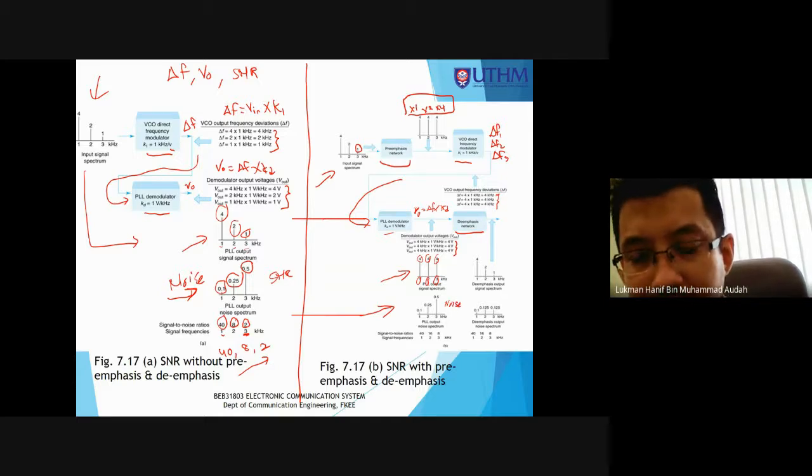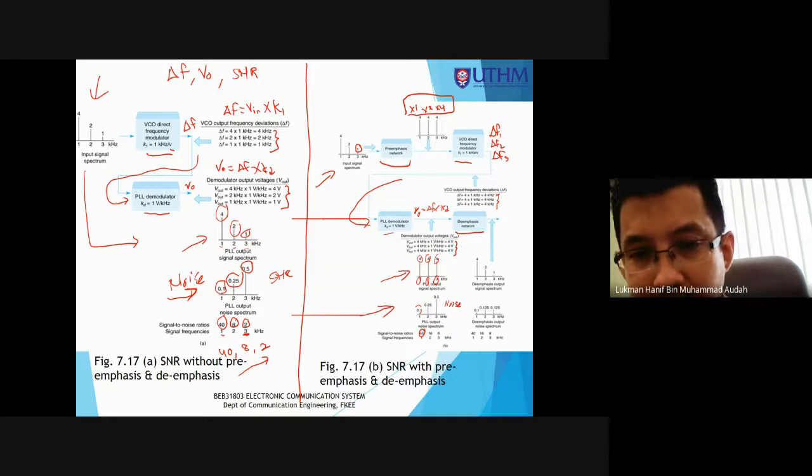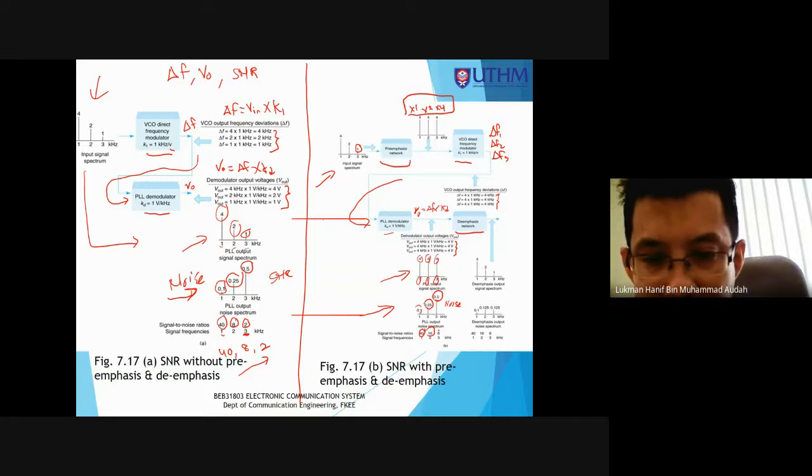And if we calculate the SNR, 4 divided by 0.1, we get 40. 4 divided by 0.25, we get 16. 4 divided by 0.5, we get 8.